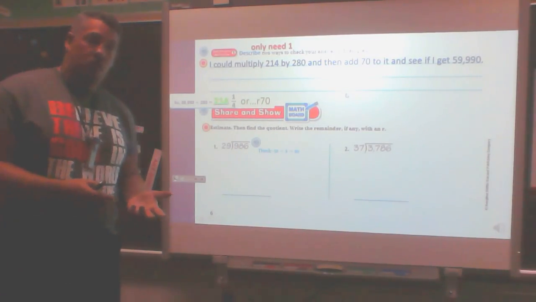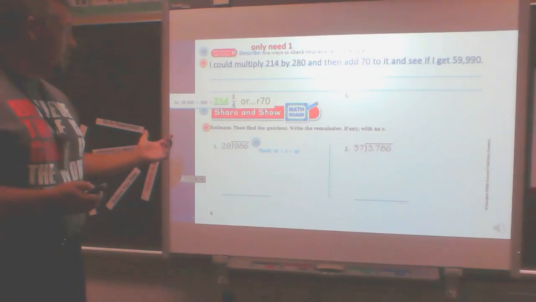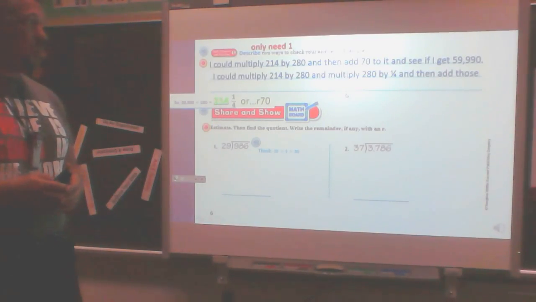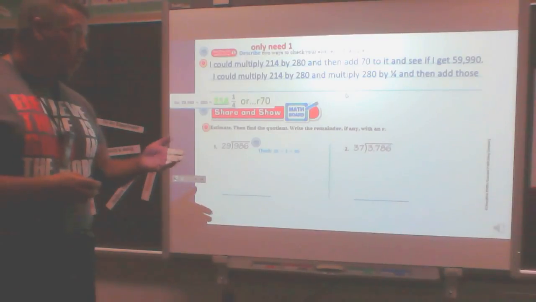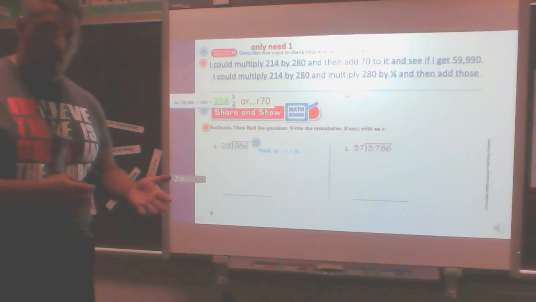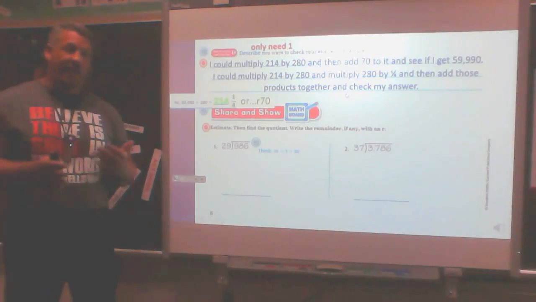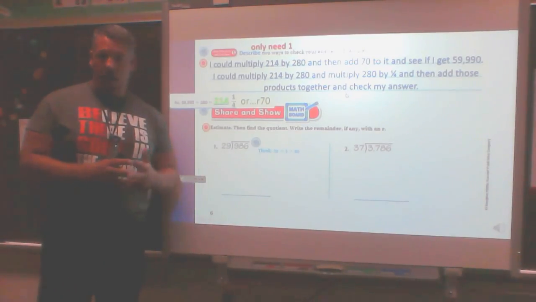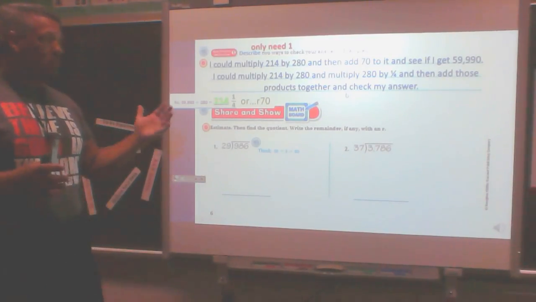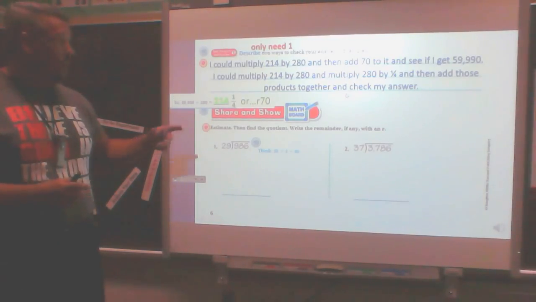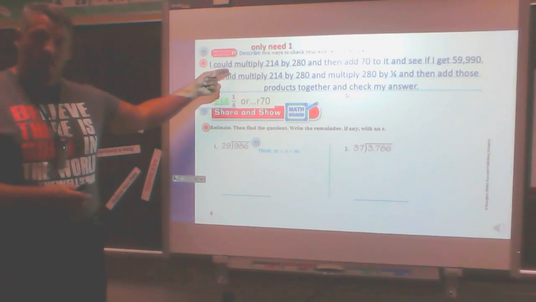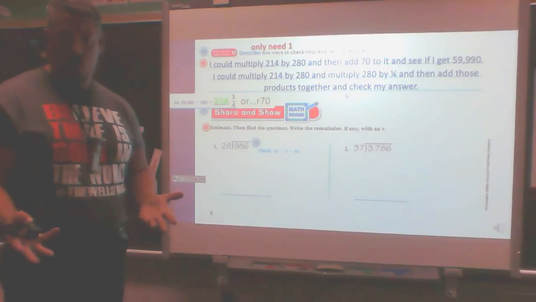The second way that you would do it is I would multiply 214 by 280 and multiply 280 by 1/4 and then add those 2 products together to check my answer. So as long as you have one of those written down, it's fine with me. This one's an easier way to check and it's less words to have to write.